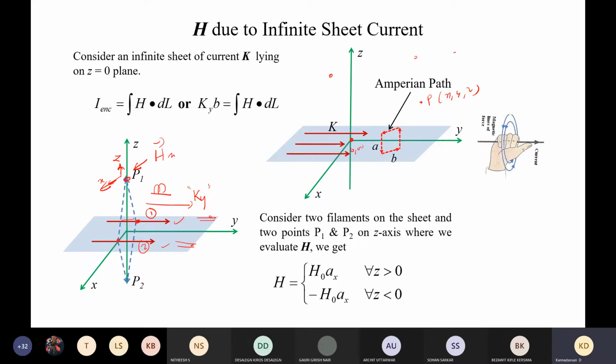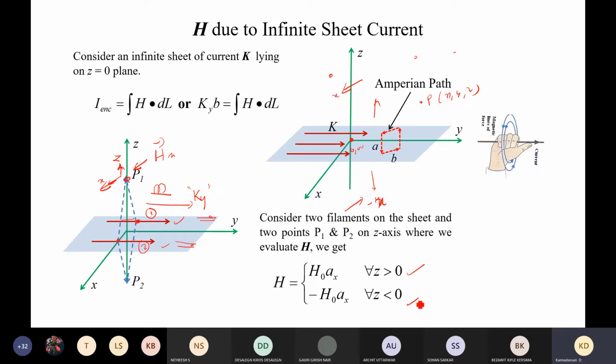To capture the H component, we can estimate the magnetic field at the particular point. There are two possible x directions: one above the sheet, another below the sheet. Above the sheet, the field is along the x direction; below the sheet, it will be going in the minus x direction.